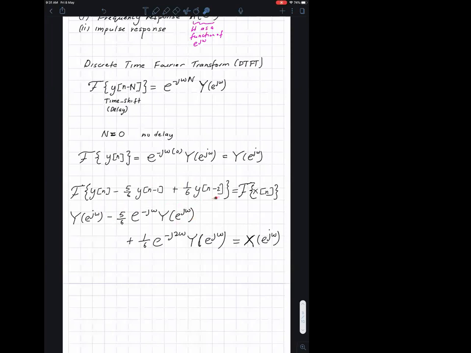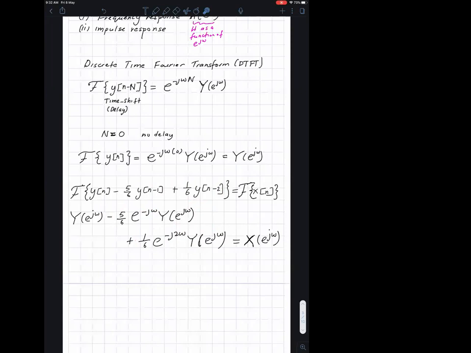The discrete Fourier transform of this is right here. For one past value, you have e to the minus j omega. For two past values, you have e to the minus j2 omega. And if there's no past value, then it's going to be e to the power of 0.